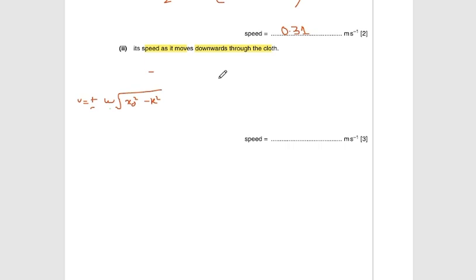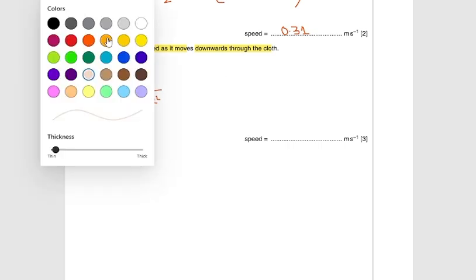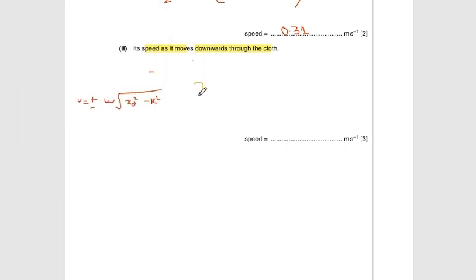And simply all you have to do now is omega is 28.3 multiplied by the square root of x naught, which is 11 into 10 raised to the power minus 3, or you can just simply write 11 square minus 3 square.